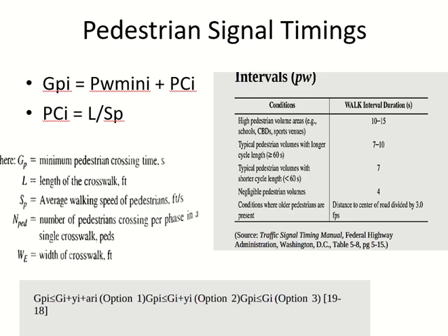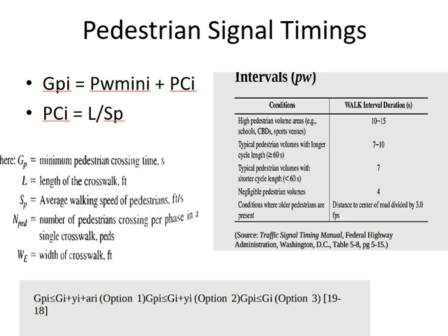Now pedestrian green time has two components. One is called pedestrian walking time, the other one is called pedestrian clearance time. For walking time, you see a table here. It depends upon the area. So if the area is too busy and the intersection is very long, then the timing will be higher.